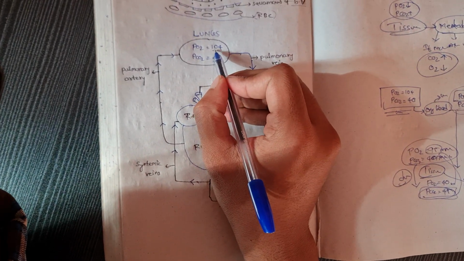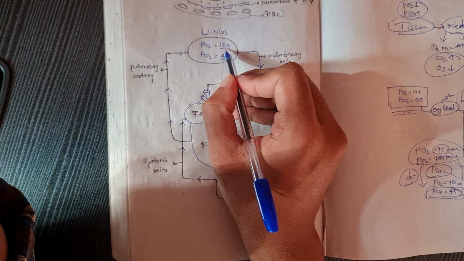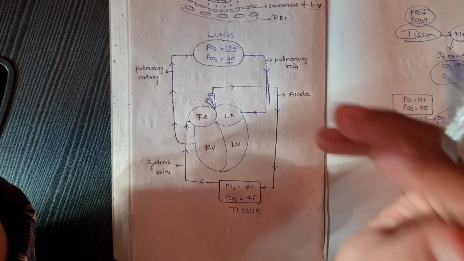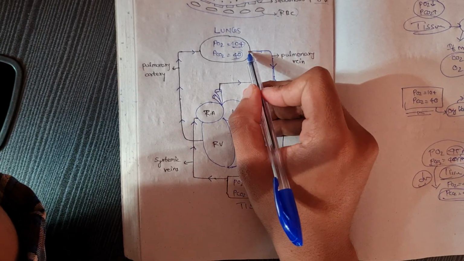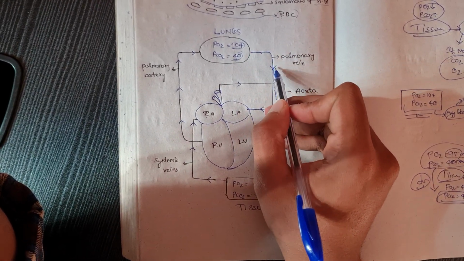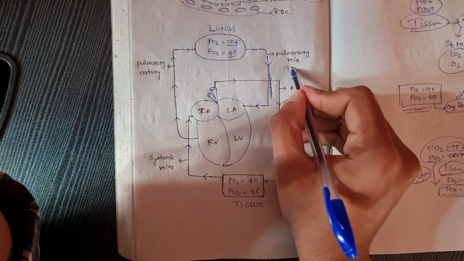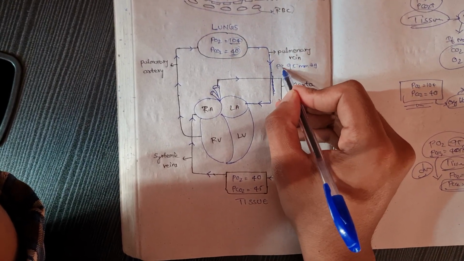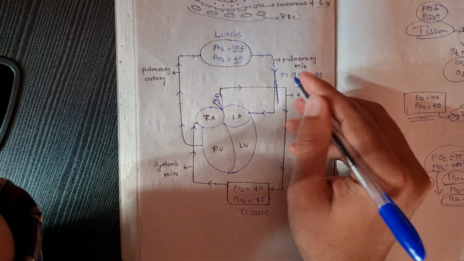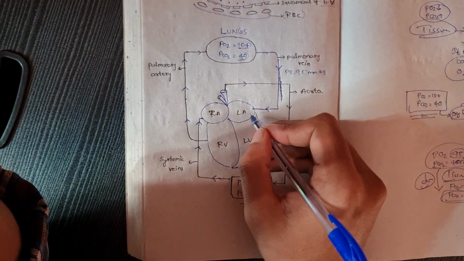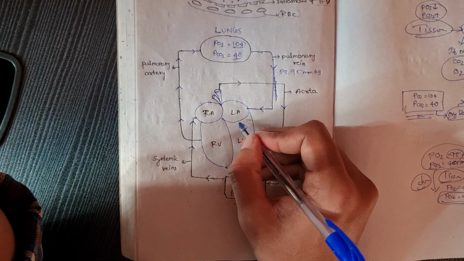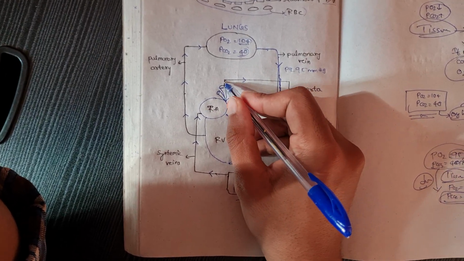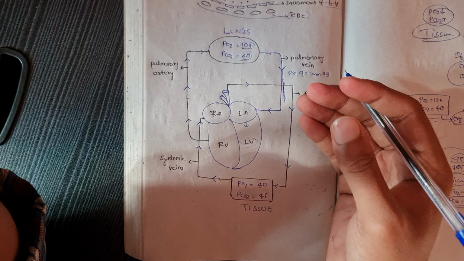See, this is the partial pressure of oxygen in the lungs and the CO2 in the lungs. Here, the pulmonary vein carries the oxygenated blood with 95 mmHg of oxygen, and this blood will enter the left atrium. From the left atrium, it will move to the left ventricle and then the aorta.